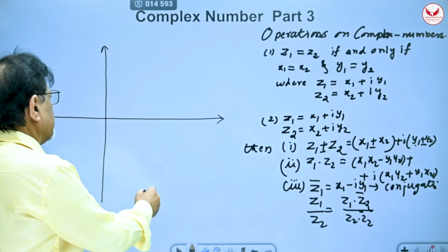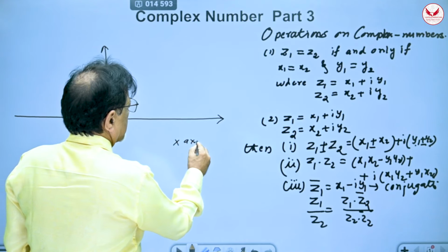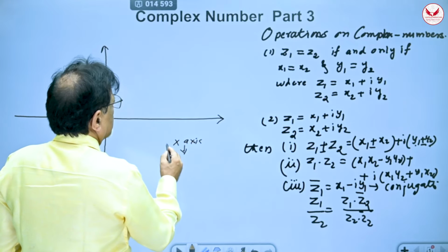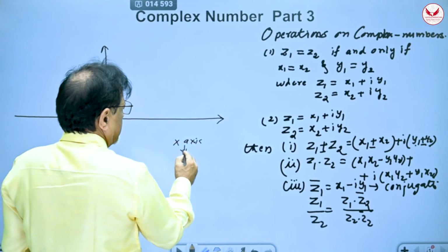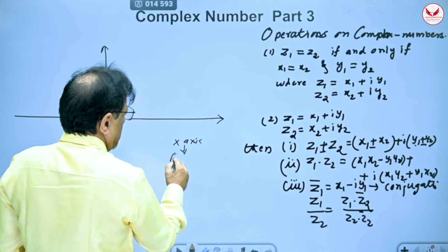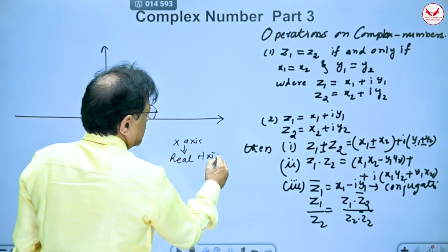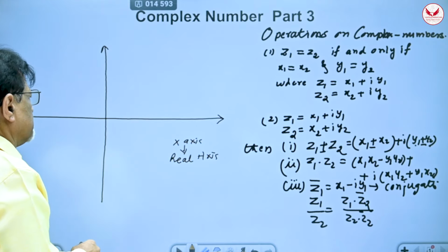This horizontal line is obviously going to be the x-axis. But in complex numbers, this is called the complex plane. The x-axis is called the real axis, because it represents the real part of complex numbers, okay?